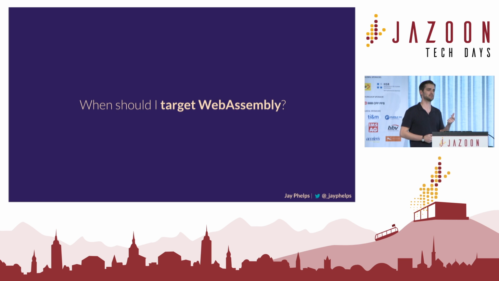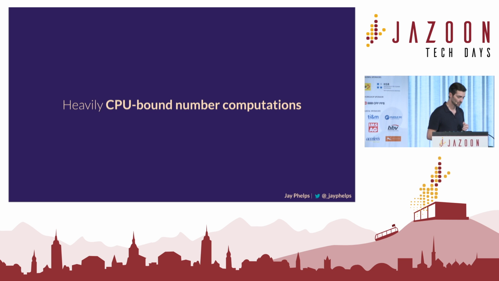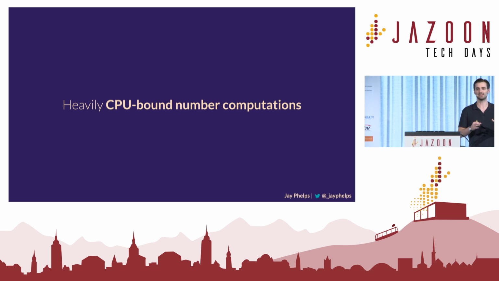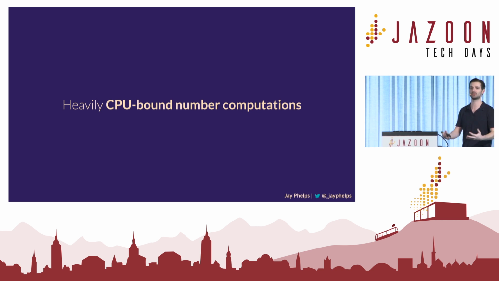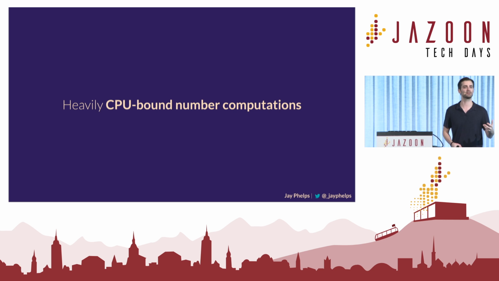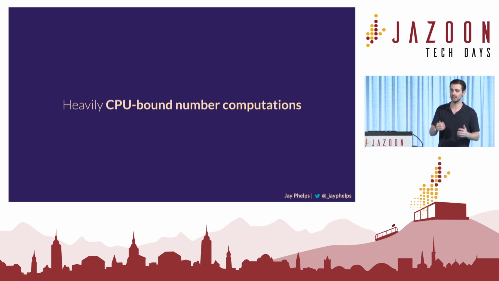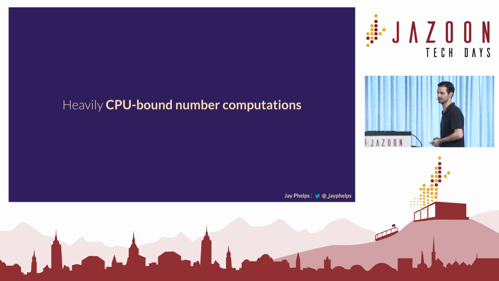So when should I target WebAssembly? What kind of use cases is it best for? Well, right now in the V1, they're really trying to focus on heavily CPU-bound computations, things that deal with math, where you're just using numbers, maybe 32-bit, 64-bit, any kind of numbers. WebAssembly really shines with that.